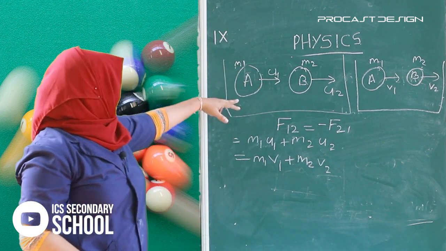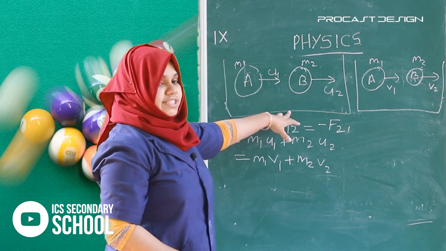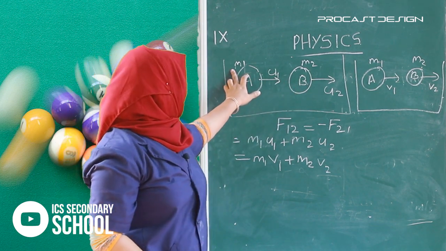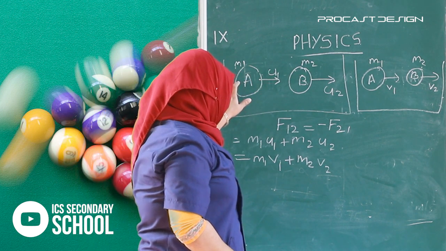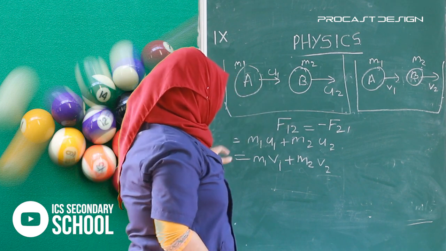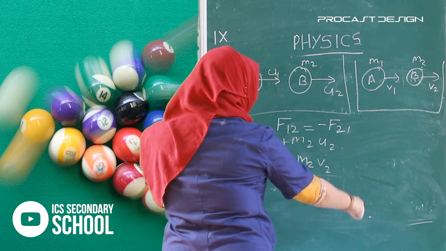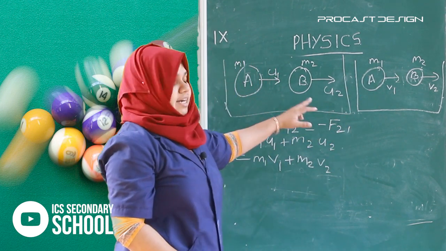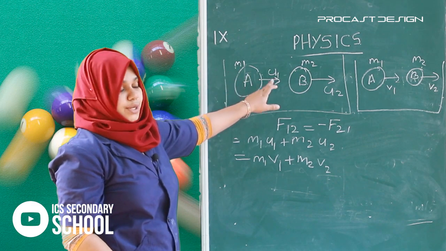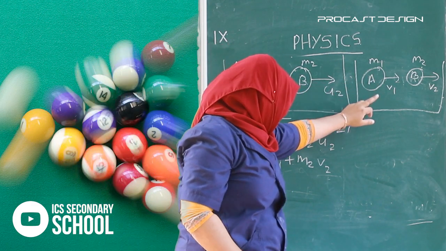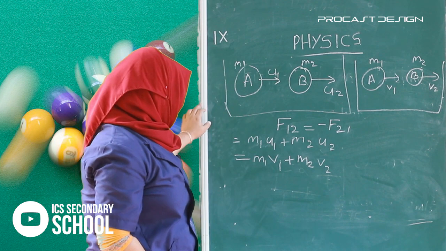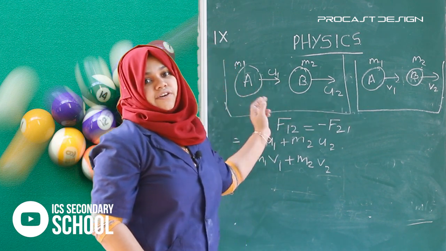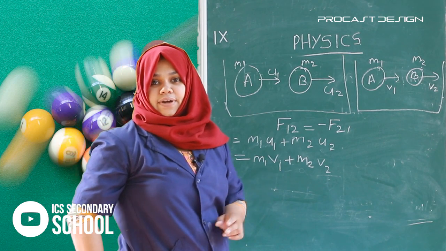So what is the initial momentum of A? Initial momentum before collision is m1 u1. Then what is the final momentum of A? The final momentum is m1 v1. What is the change in momentum? m1 v1 minus m1 u1. All of you write that in your textbook.